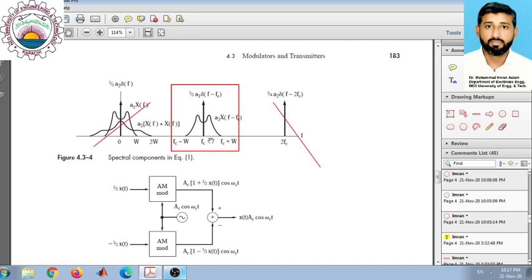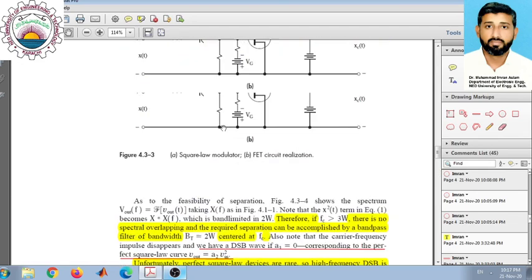As we have previously discussed, a band pass filter allows extraction of a specific band of frequencies, and now we are interested in extracting this band starting from fc minus W to fc plus W. So this entire signal will be extracted by using a band pass filtering here.